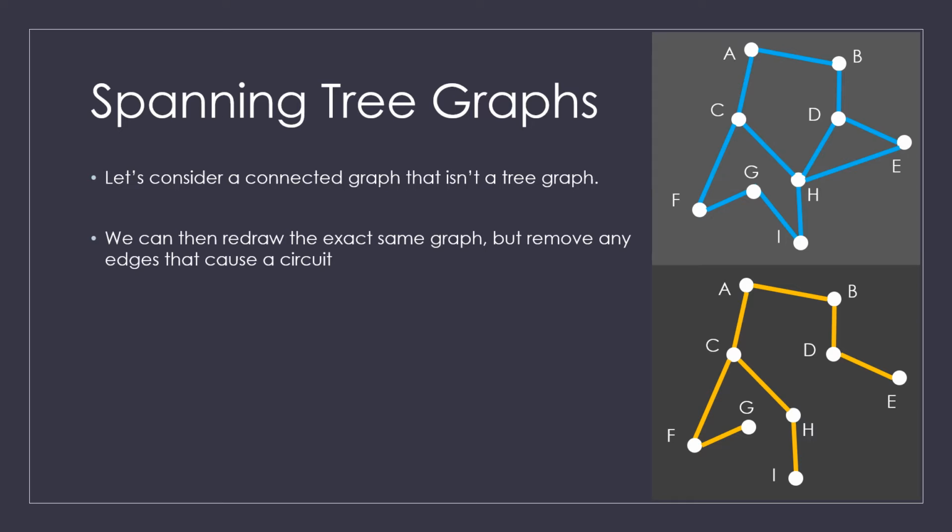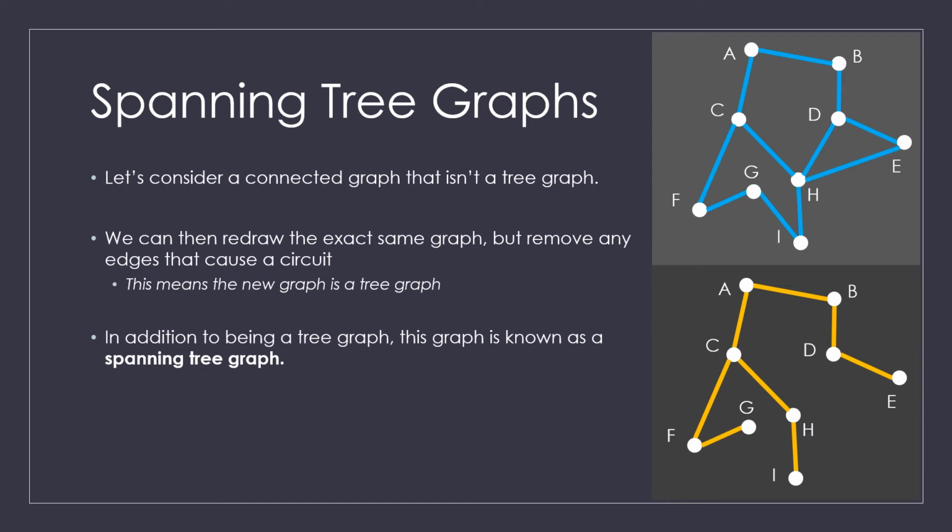So this is one such example. Notice that it's still connected, and all of the edges in this new graph are from the old graph, but we just threw away a bunch of them. This one definitely does not have any circuits, and therefore it's a tree. And since this is a tree graph, we can call this a spanning tree graph. The word spanning just implies that it uses every vertex from the original graph. But again, since it's a tree, no circuits.